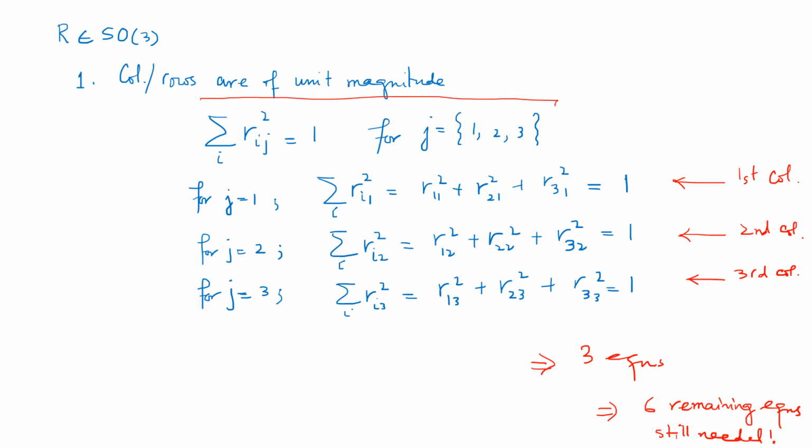And when we tried that, this expression gave us 3 equations. So these 3 equations that we have on our screen are a result of manipulating this property of the special orthogonal matrices. So we have got by the end of this exercise 3 equations, but still 6 remaining equations are to be found.